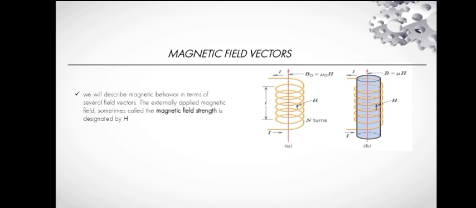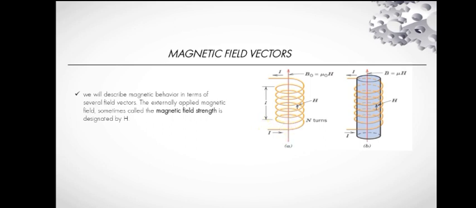The externally applied magnetic field, sometimes called the magnetic field strength, is designated by H. So in this figure A, the magnetic field H as generated by a cylindrical coil is dependent on the current, which is I, the number of turns, which is N, and the coil length, which is this.